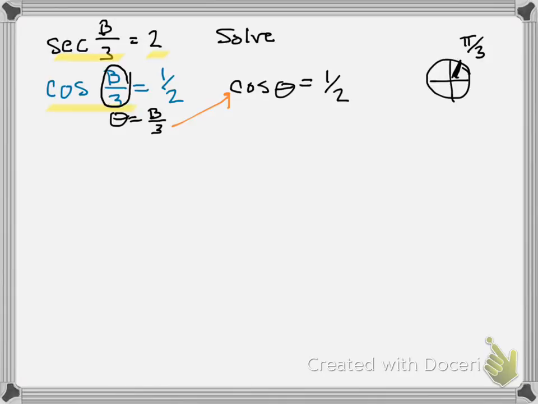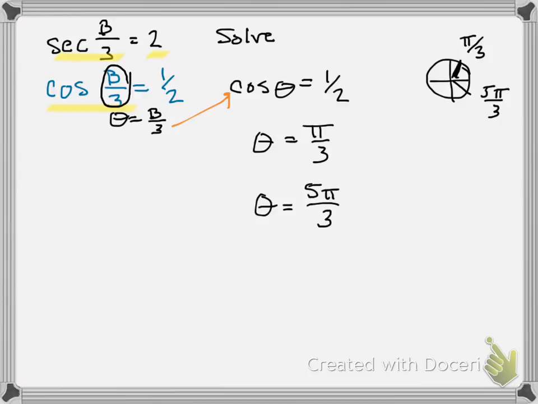So positive in the 4th quadrant. So I could say 5 pi over 3. So this tells me that theta is equal to pi over 3, or theta is equal to 5 pi over 3.